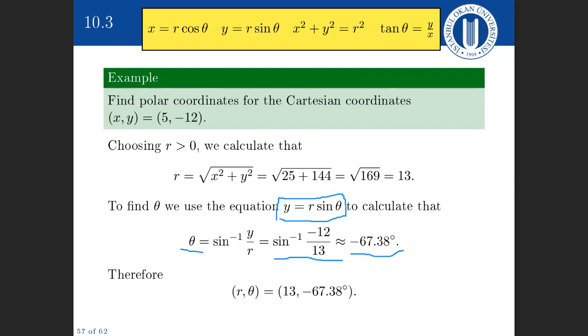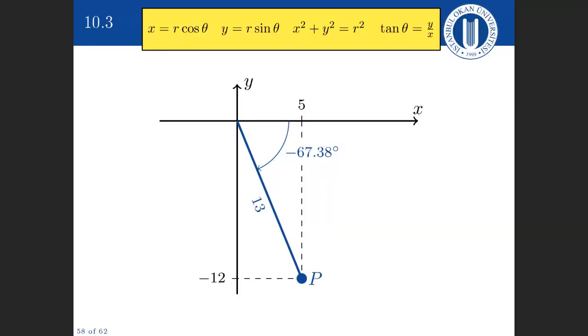So let's just draw a picture to see, does our answer look correct? Here's the point with Cartesian coordinates 5, minus 12. Does this angle look like minus 67.38? Yes. So probably we didn't make a mistake.